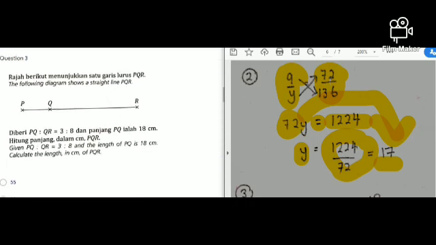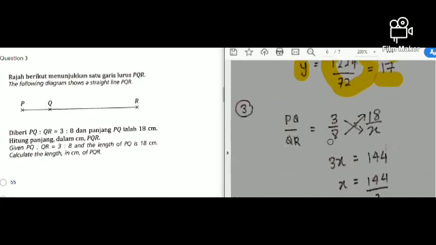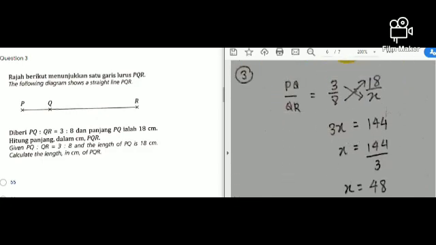Next, question number 3. Okay, in this question, they show a straight line PQR. Given that PQ to QR is 3 to 8, which means P to Q is 3 and Q to R is 8. The length of PQ is given as 18, and it wants the length of PQR.